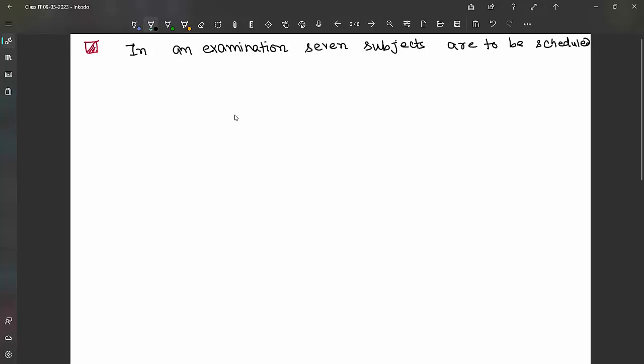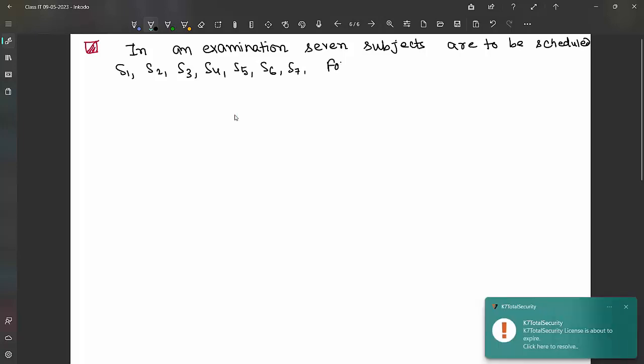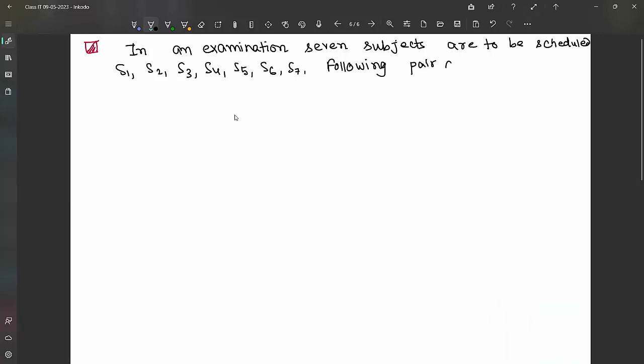यानी कि 7 सब्जेक्ट के एग्जाम शेड्यूल करना है, and the subjects are suppose S1, S2, S3, S4, S5, S6 and subject 7. These are 7 subjects, and the following pair of subjects have common students. समझ सकते हो.